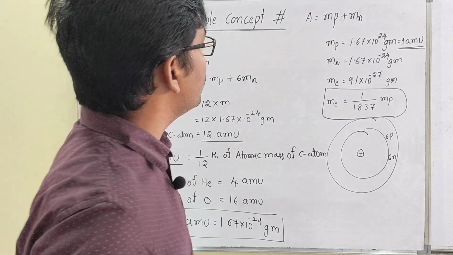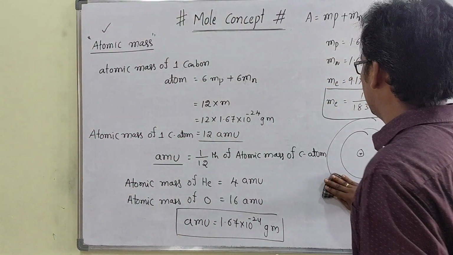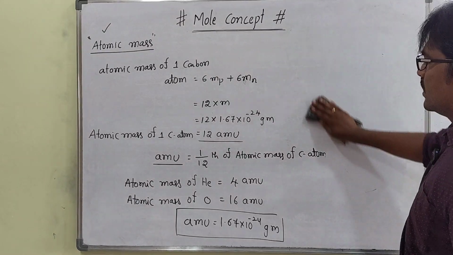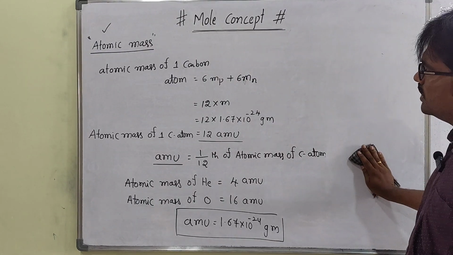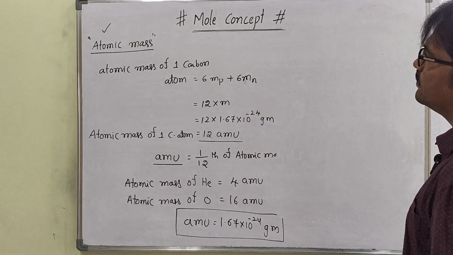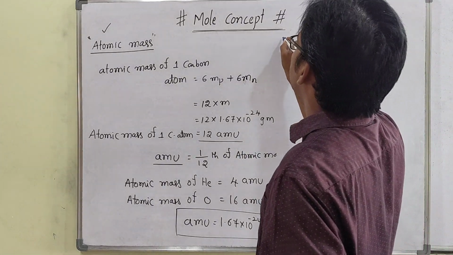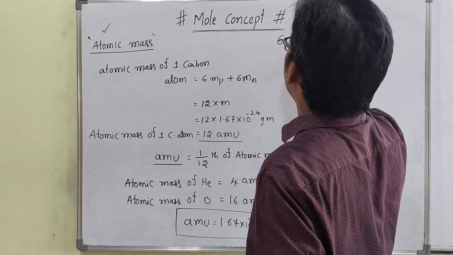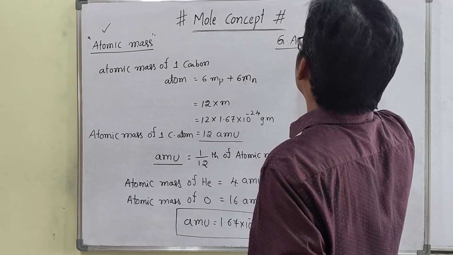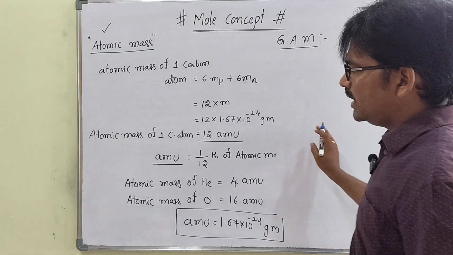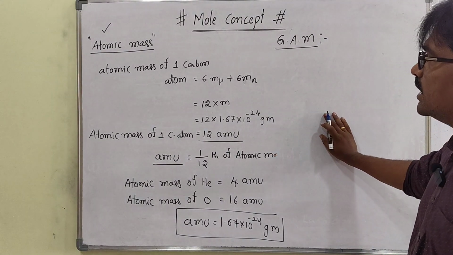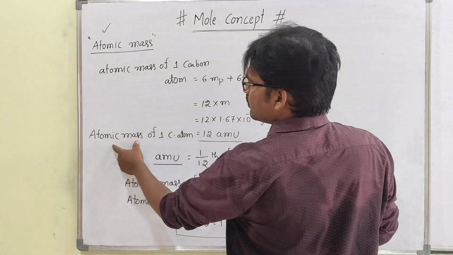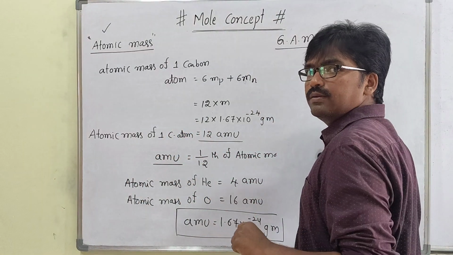Then gram atomic mass, what does gram atomic mass mean? Observe it carefully, my dear students. So that is gram atomic mass. The same thing, if you take Avogadro number of particles. Here, atomic mass of 1 carbon atom only we are taking.